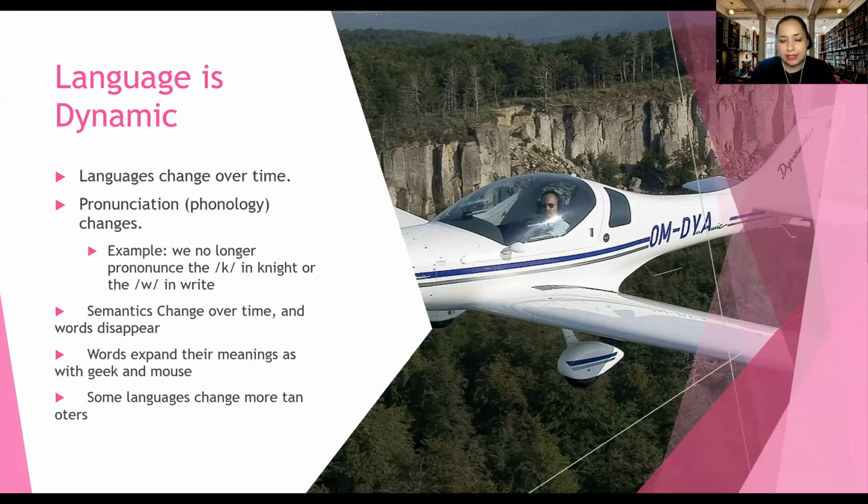It's night, but you don't say the K. And I have seen that mistake with some people trying to pronounce knowledge. It's knowledge, but you need to learn about phonemes. The W, for example, in the word write, you don't really say the W.